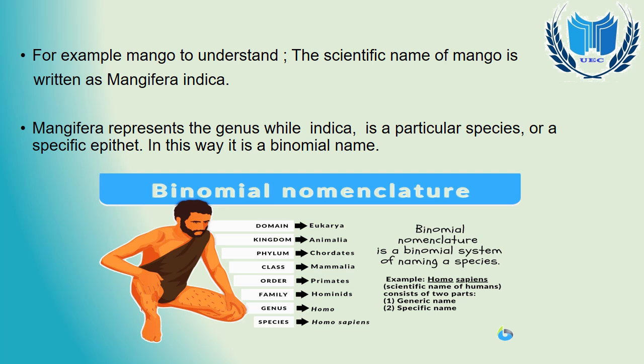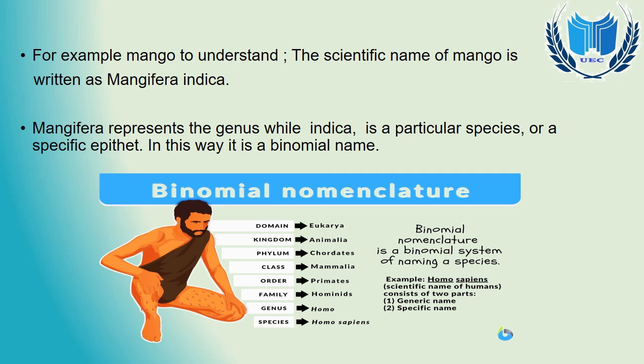In this way, it is a binomial name, and the study of this plant is easy to make. Another example is of human being. Here I had shown you detailed classification of human being.